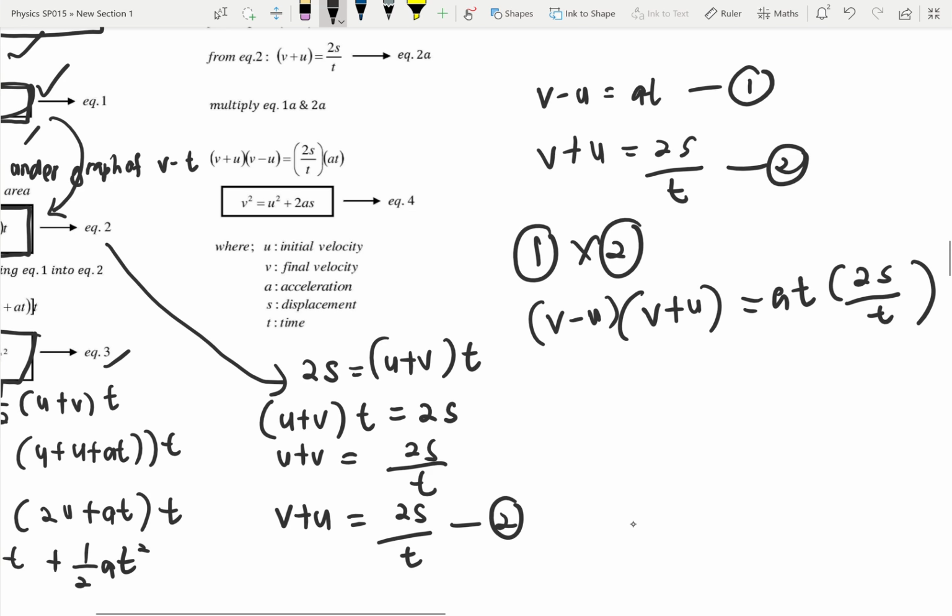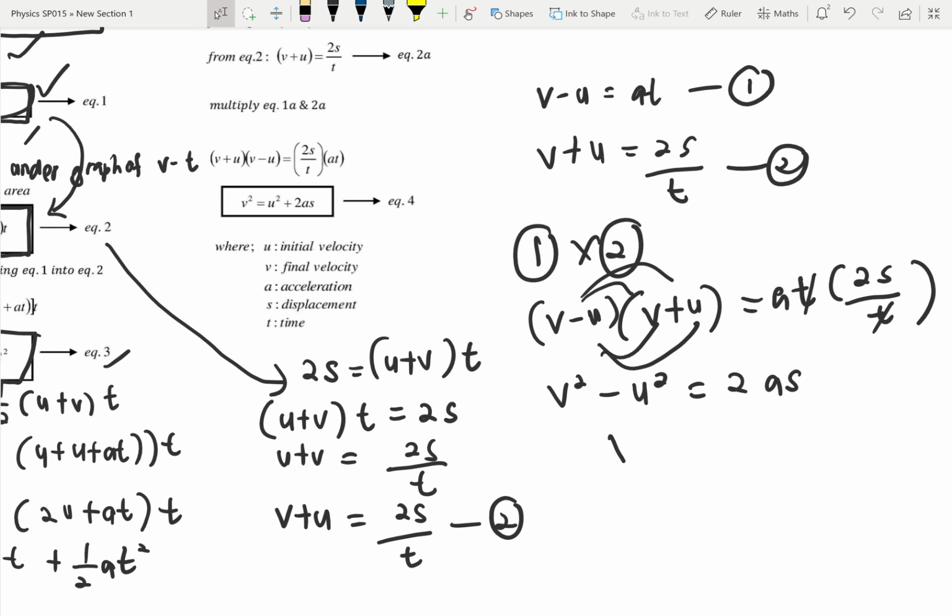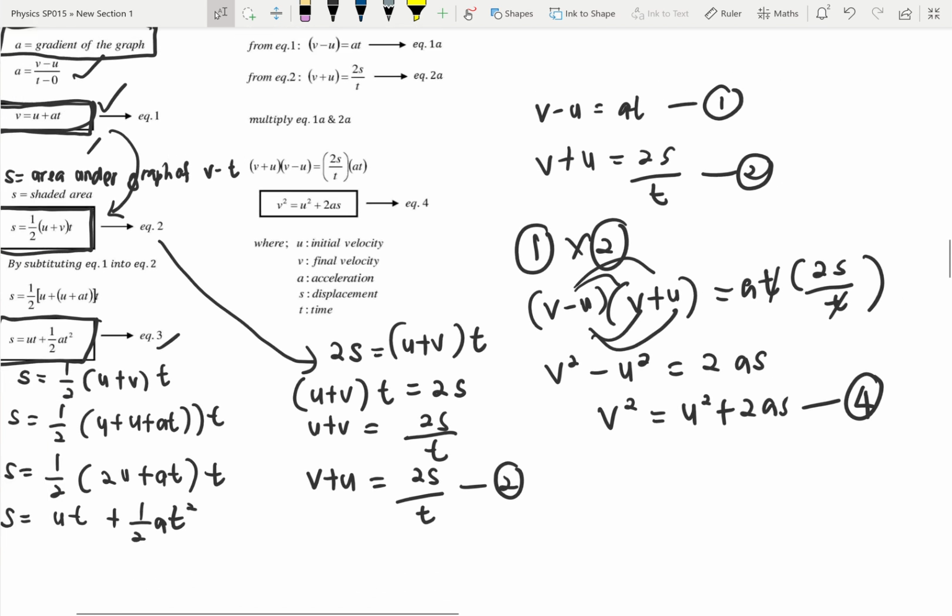It becomes v squared minus u squared, and on the other side t and t cancel, so you get 2as. Then let v squared be the subject: bring u squared to the right hand side, so v squared equals u squared plus 2as. You get the fourth equation. So it is easy.